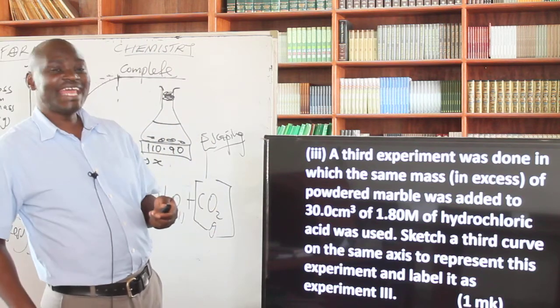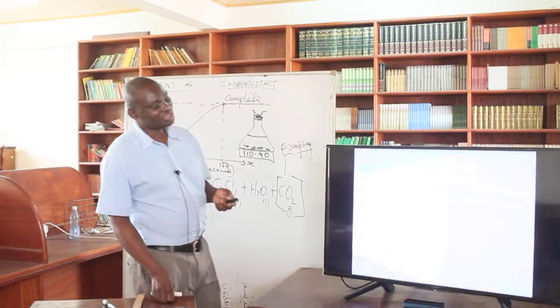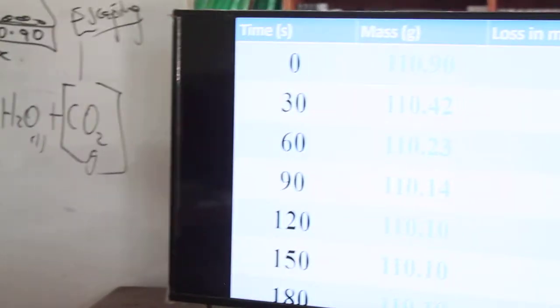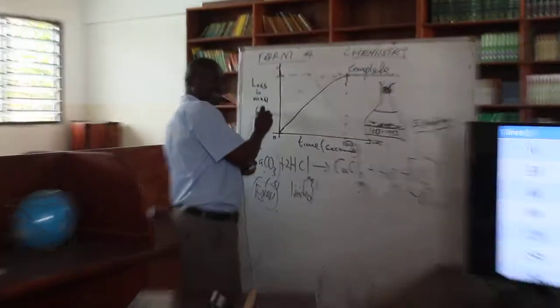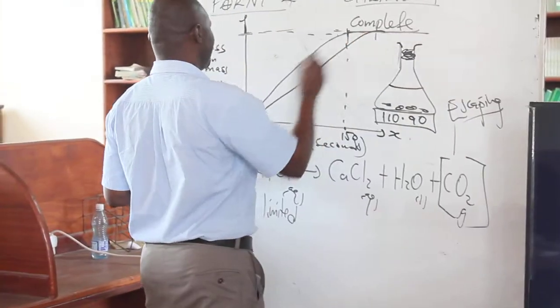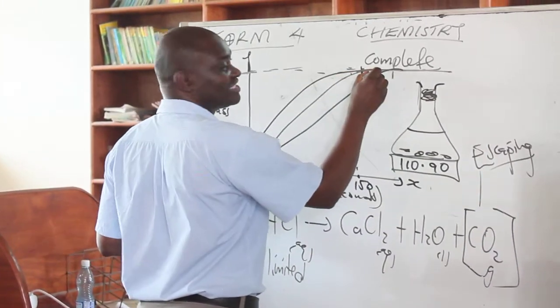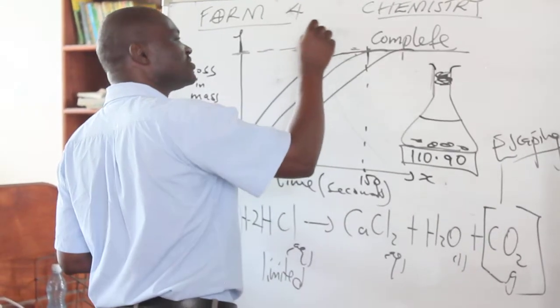So the second experiment should be plotted here on the same first graph. Then you label it. If it comes this way, it is okay. If it comes this way, it is okay. But make sure you label it 2. This one was 1.